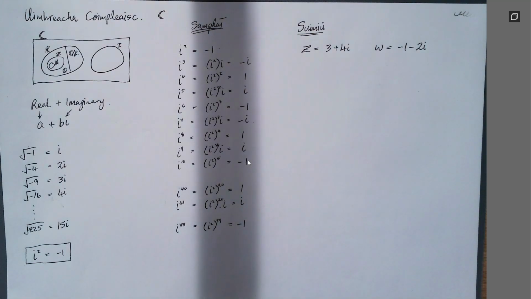Okay? Now, take a complex number, say P equals 2i. That's it. P equals 2i, right? What's the real part?